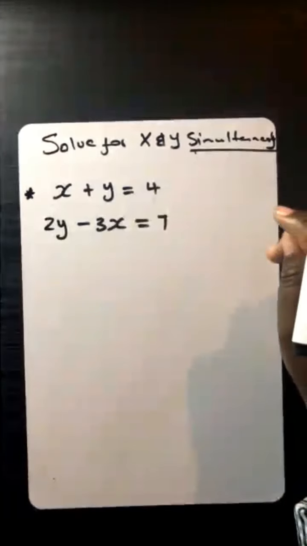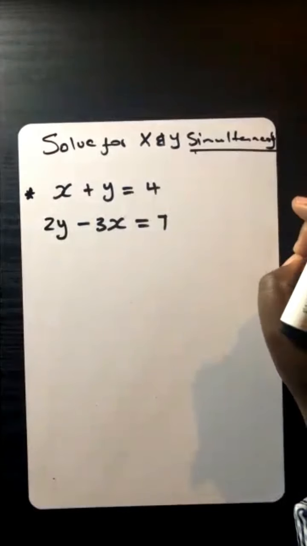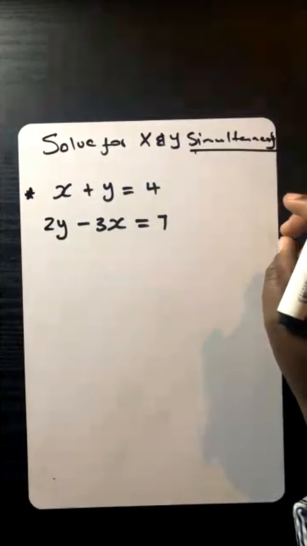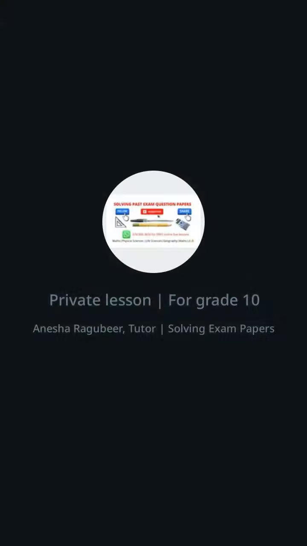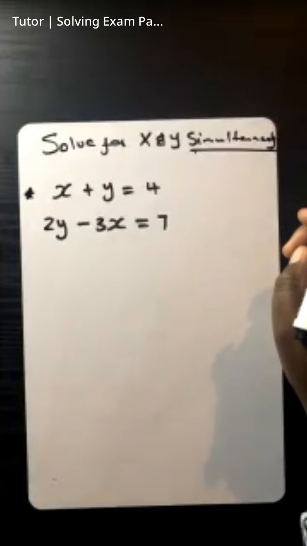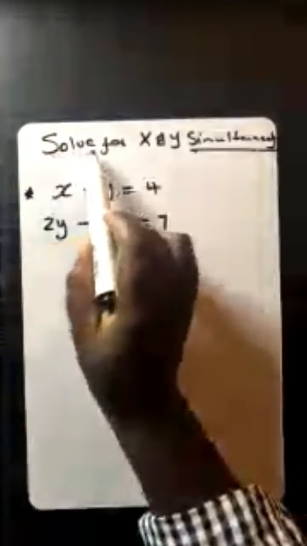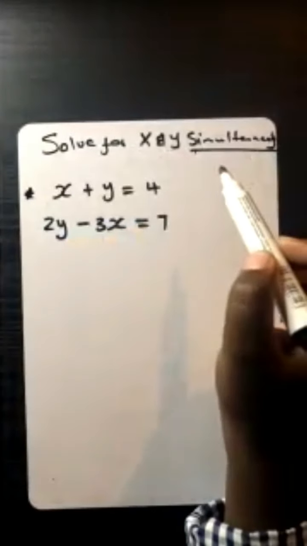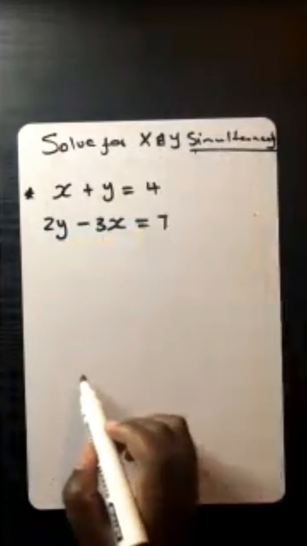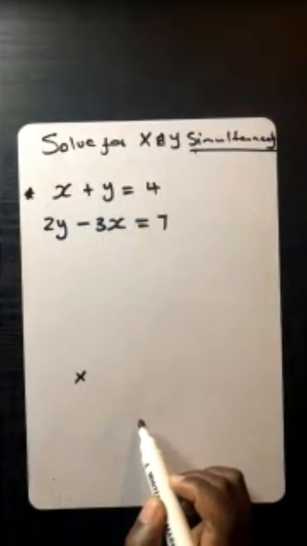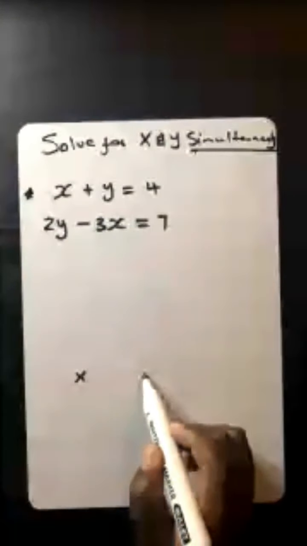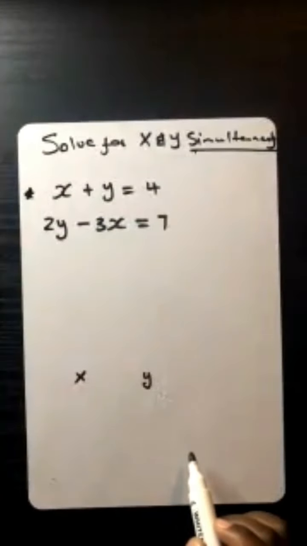So sometimes in your tests and trials, you might be given a problem similar to that one where they say solve for x and y simultaneously. When they say solve for x and y, it means in the end you must give the value of x, and again you must give the value of y.